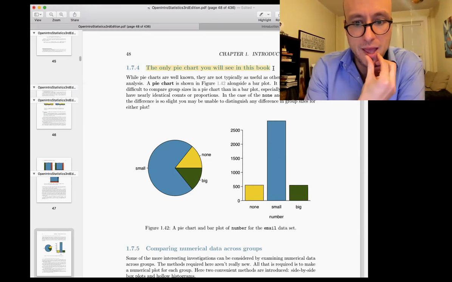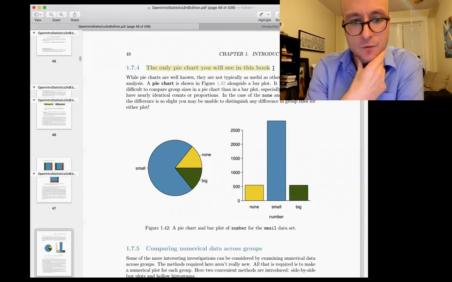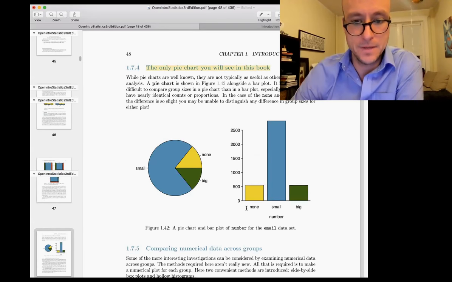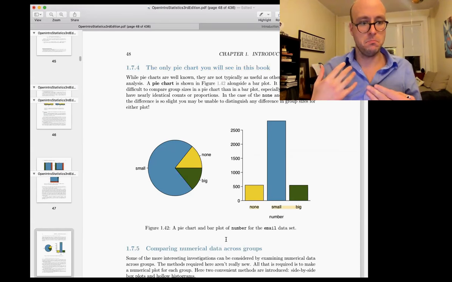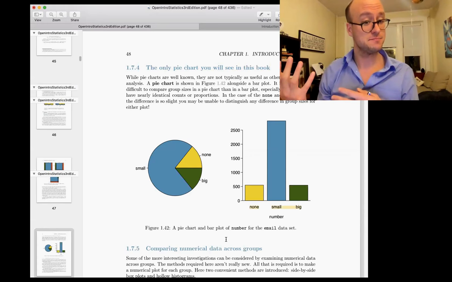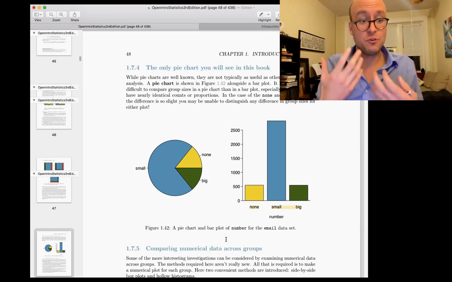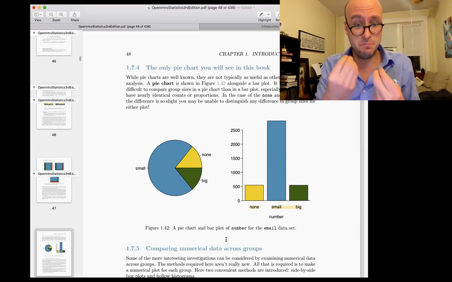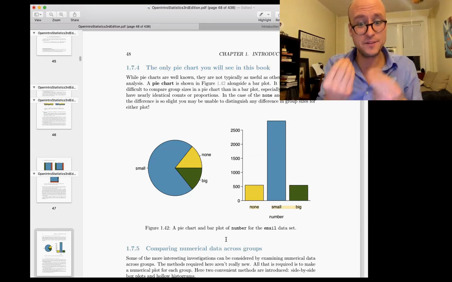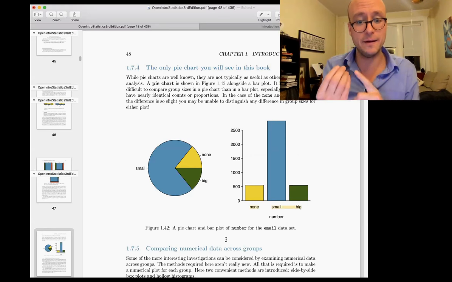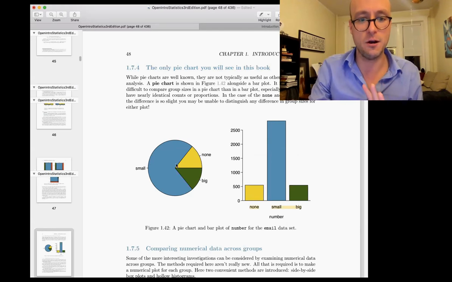Well, the problem is if we have categories and we want to compare those categories, statisticians really like bar charts because you can see the differences in those categories. And you see this right here. We don't need to know what these categories are here.